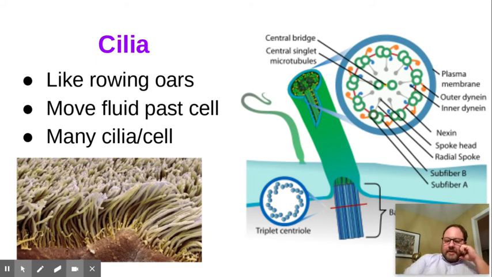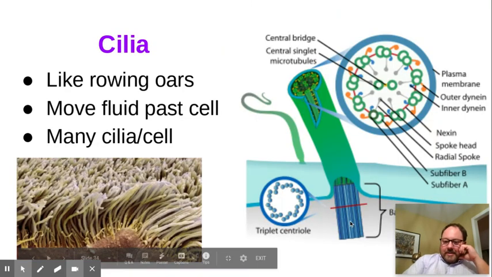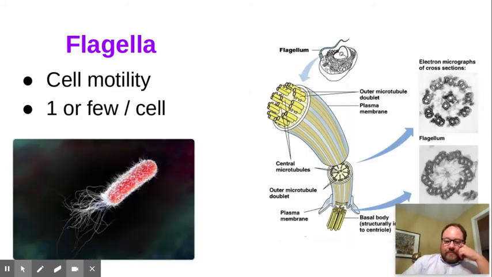Now, what's cool about this is if you look back here and you see the structure of the microtubules used in reproduction, hey, you can repurpose that stuff, make some modifications, and boom, you've got some proteins related to movement in cells. Now, flagella have similar internal structures to cilia. It's just that cells have fewer, longer flagella.